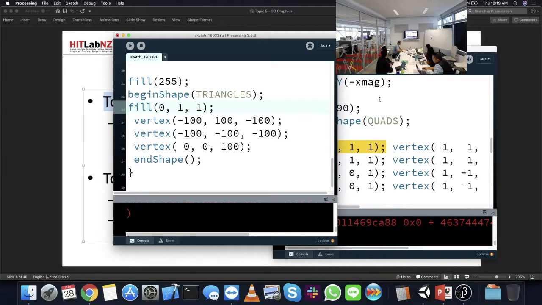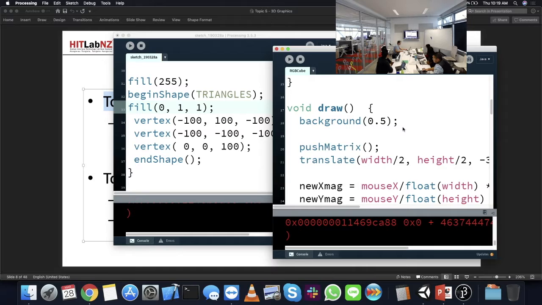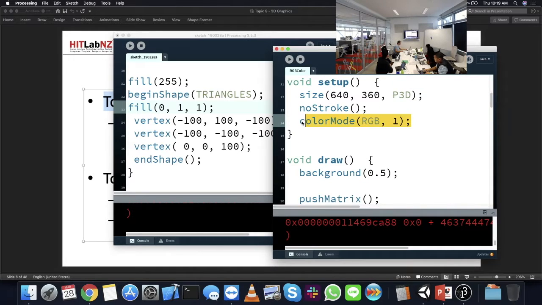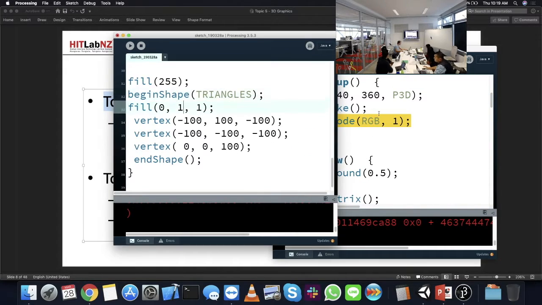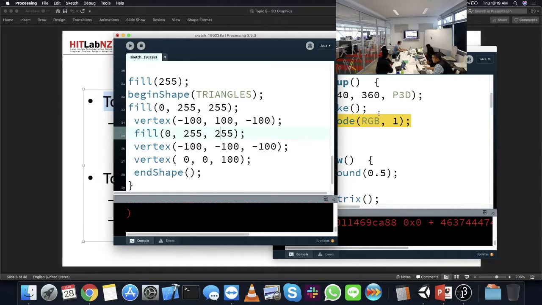So what I can do, let me just copy a few bits of code out of here. So hopefully if this works.